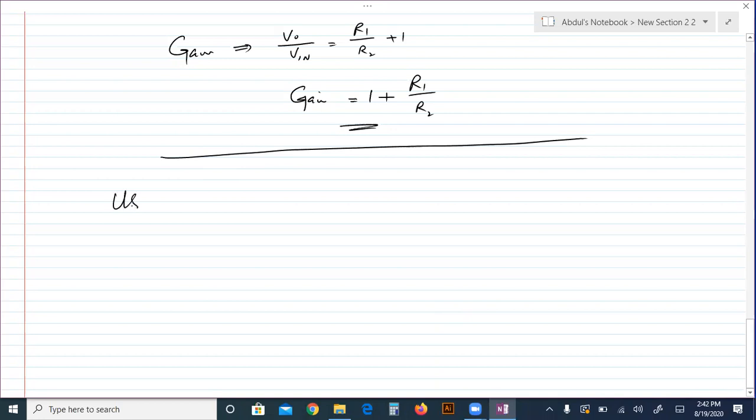Now the next topic is the use of an op-amp in a relay circuit. Use of the op-amp in a relay circuit.